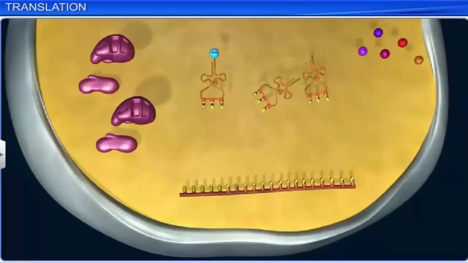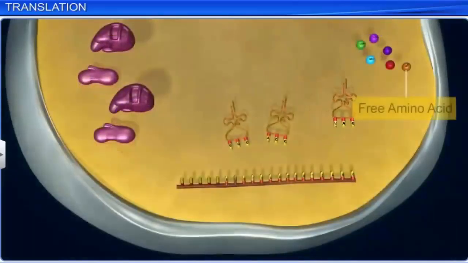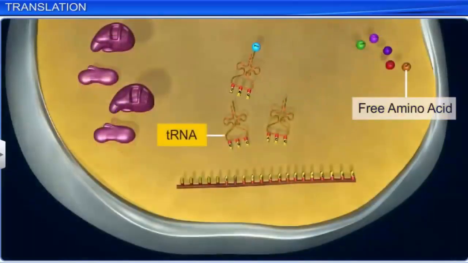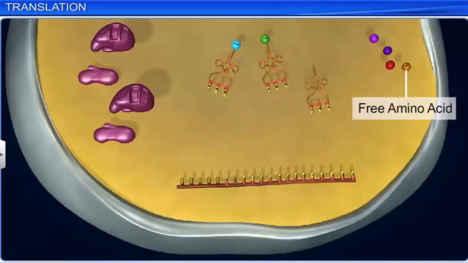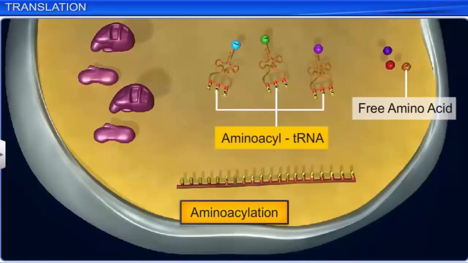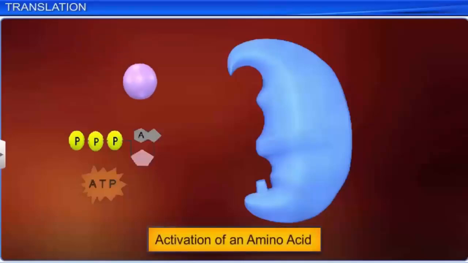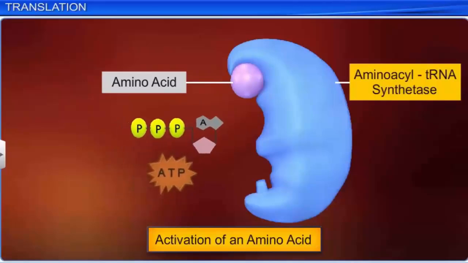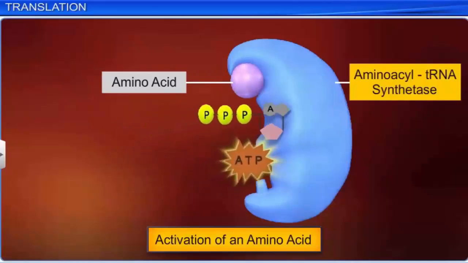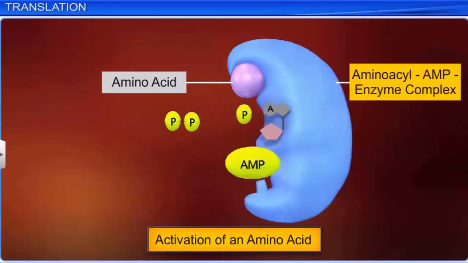The amino acids and tRNAs in cytoplasm become activated by a process called the charging or aminoacylation. During this process, amino acid binds with ATP in the presence of aminoacyl RNA synthetase and is activated into aminoacyl AMP enzyme complex.